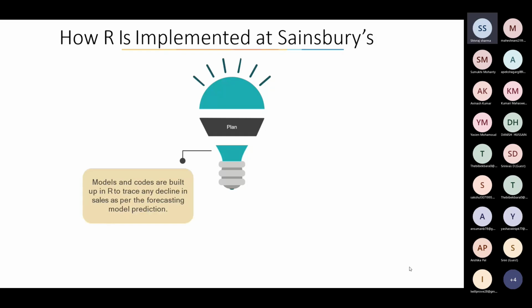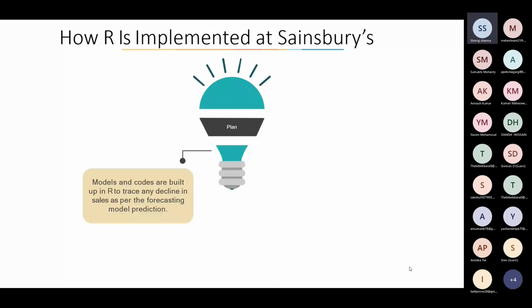Models and code are built in R because without creating models and code, it is not possible for any language to analyze things. What do those models and codes do? They trace any decline in sales as per the forecasting model predictions, because R is also used in data science to predict things and create forecasting models.